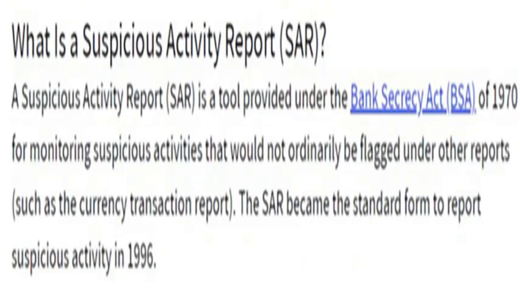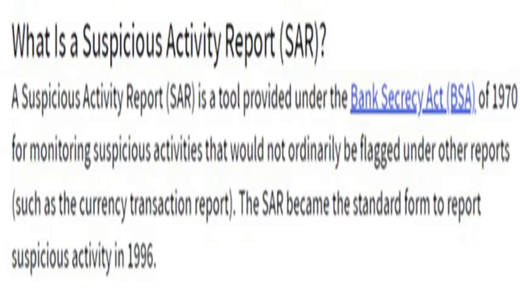What is a suspicious activity report? A suspicious activity report is a tool provided under the Bank Secrecy Act, or BSA, of 1970 for monitoring suspicious activities that would not ordinarily be flagged under the report, such as the currency transaction report.